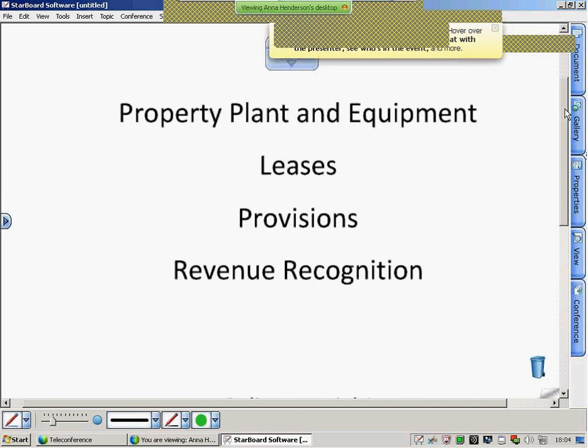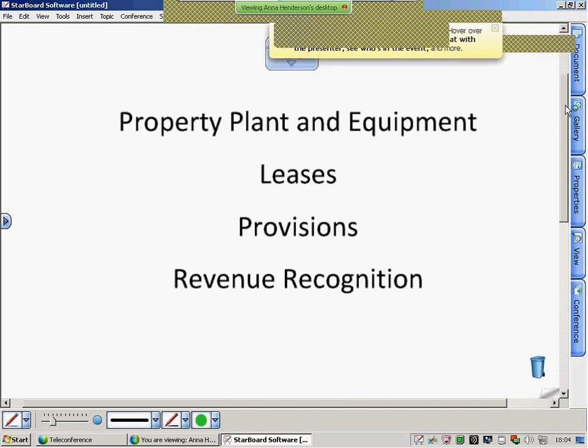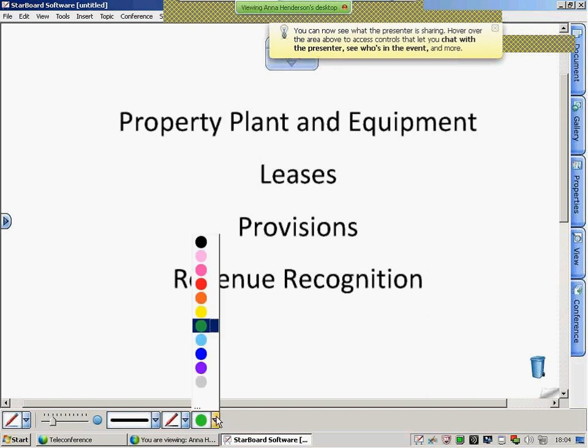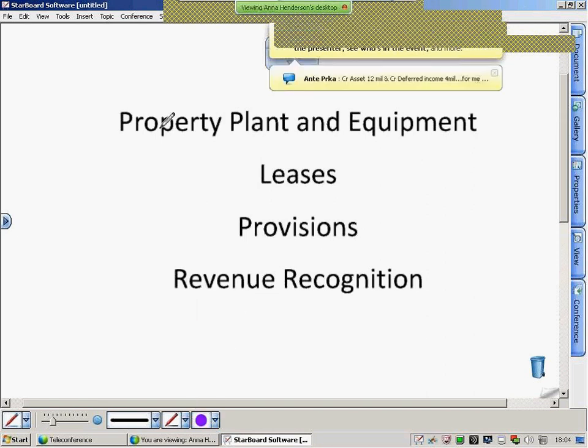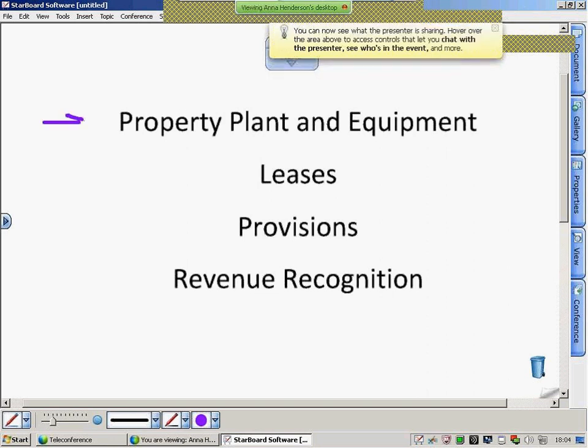Open to our online tutorial workbook then. This evening, what we're going to go through is a couple of things that you've seen through your SML already, and we're going to focus in now on a couple of things from an exam technique perspective. So have a look first of all at property, plant and equipment, then at some leases, then on provisions, and then a little on revenue recognition.